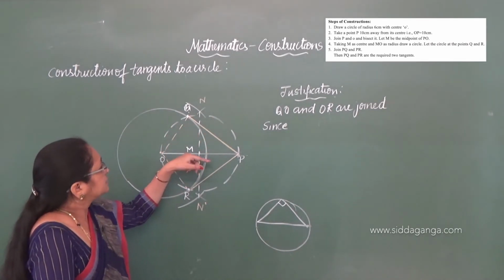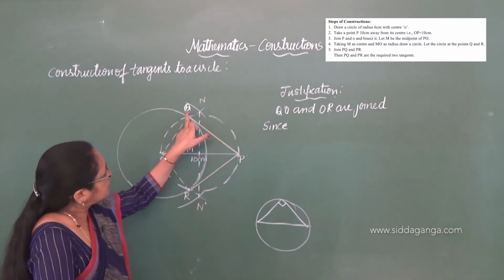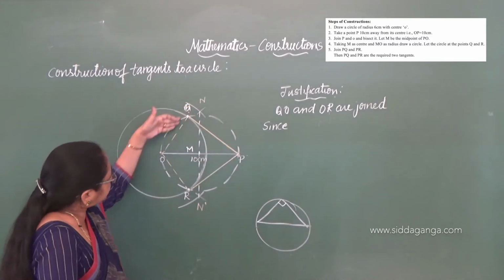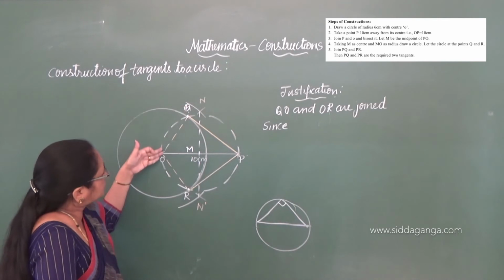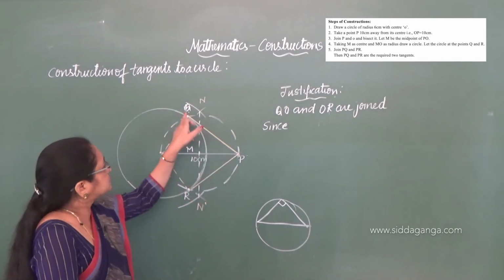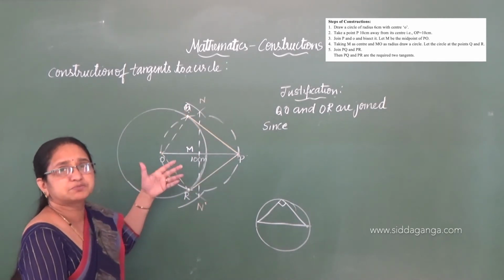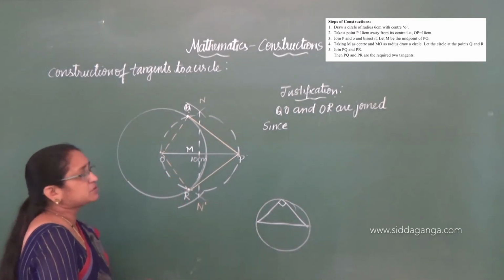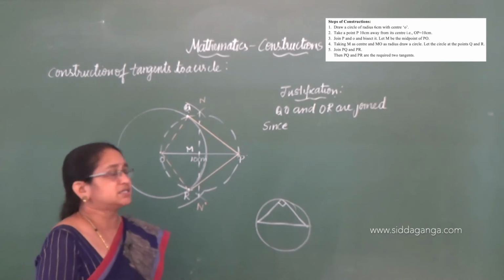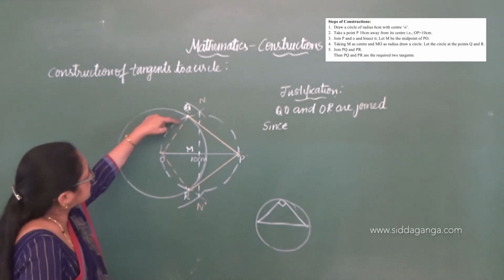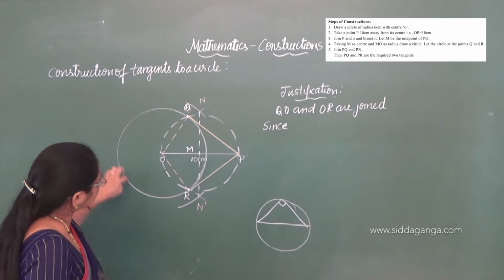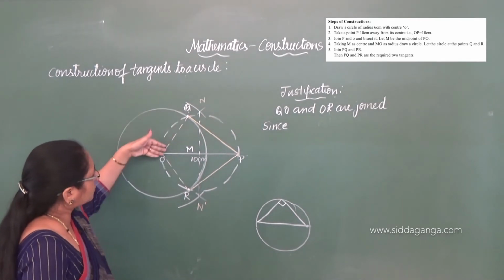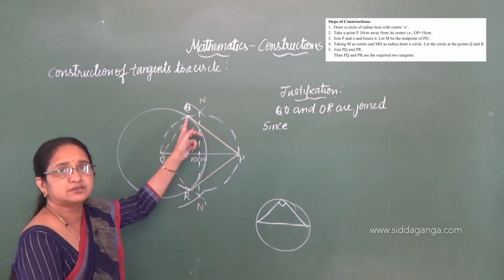So, definitely PQ is perpendicular to QO, because perpendicular means it is nothing but 90 degree. And of course, we know the tangent and the radius. See here, QO is the radius of the given circle.